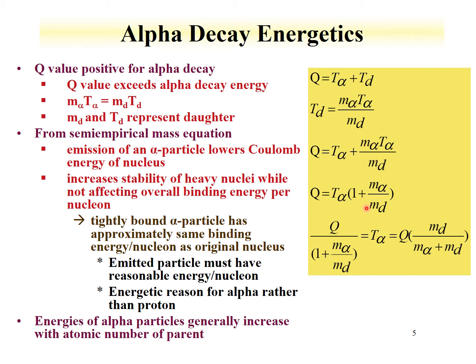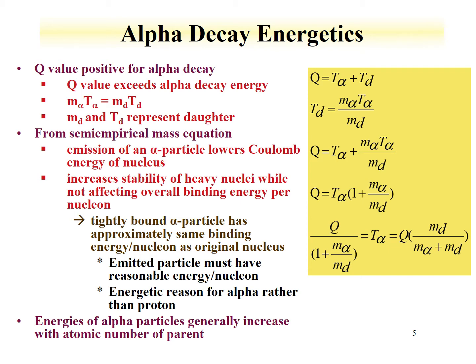We can rearrange this, as shown here, and we end up with a final relationship where the kinetic energy of the alpha particle is equal to the Q value times the mass of the daughter divided by the mass of the alpha particle plus the mass of the daughter. From this equation, we see that the bulk of the kinetic energy is taken up by the alpha particle. So the Q value is often close to the alpha decay energy.